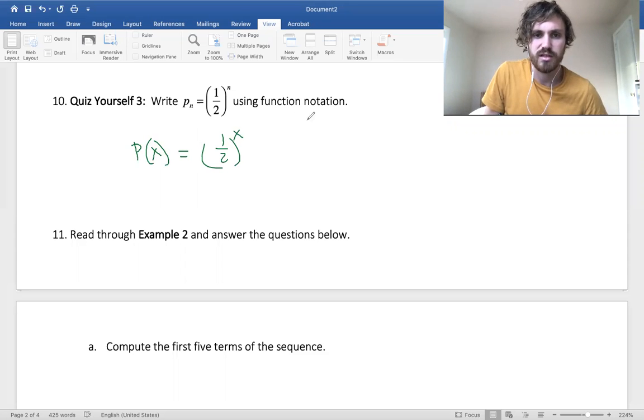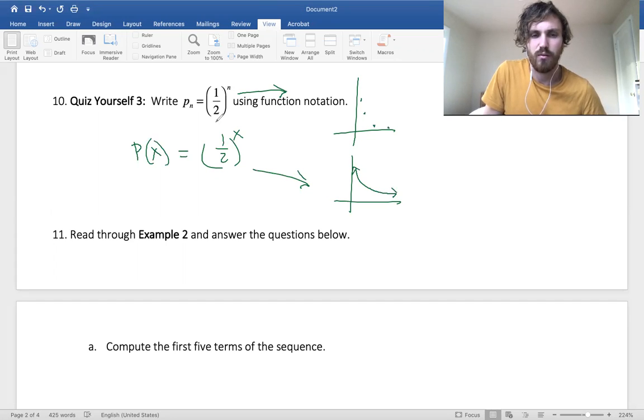So just as an FYI, this graph would look like something like this. And this graph would look something like this. So when we see the 1/2 to the n, we would just have dots starting at 1. But if we see 1/2 to the x, actually this isn't quite right.